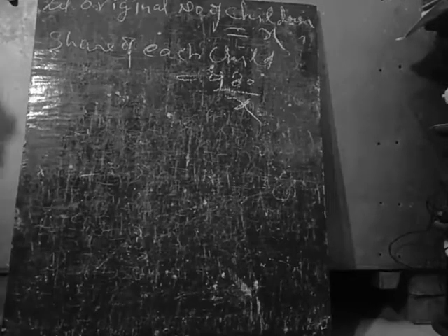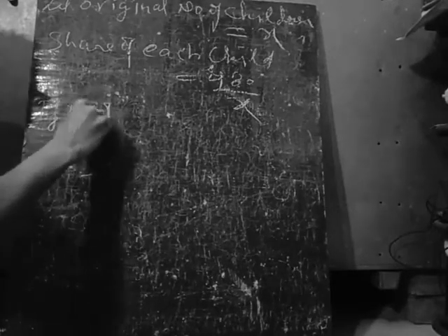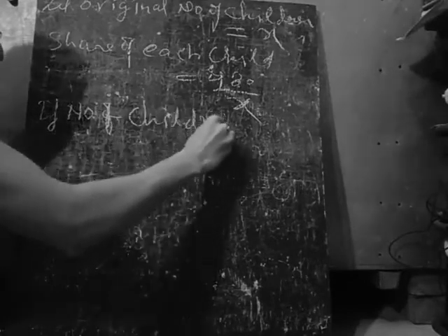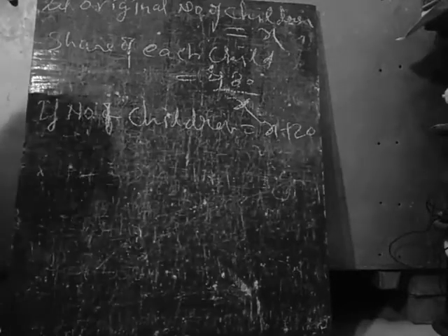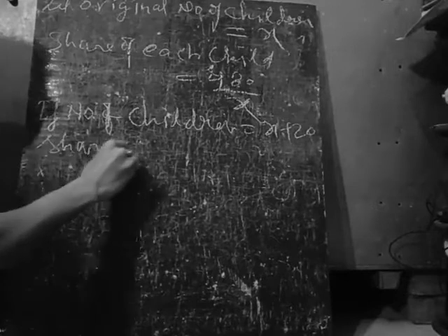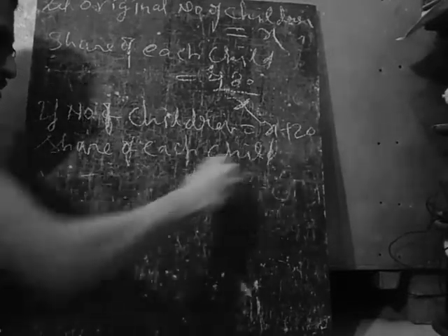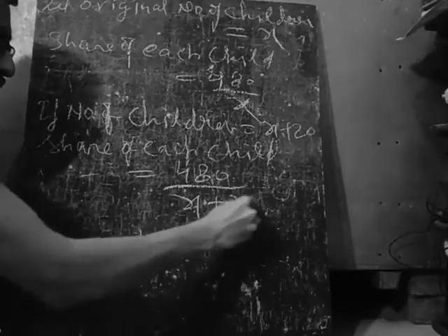If the number of children is 20 more, x plus 20, then the share of each child will be 480 upon x plus 20.